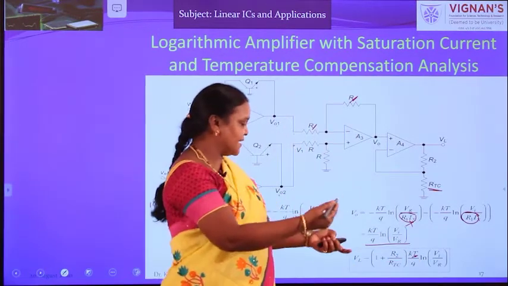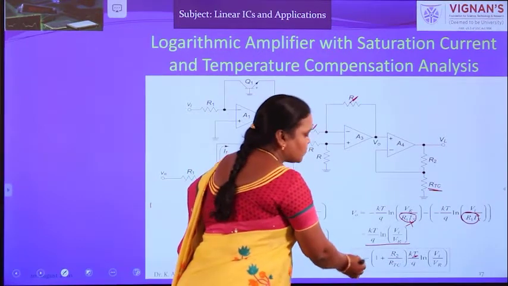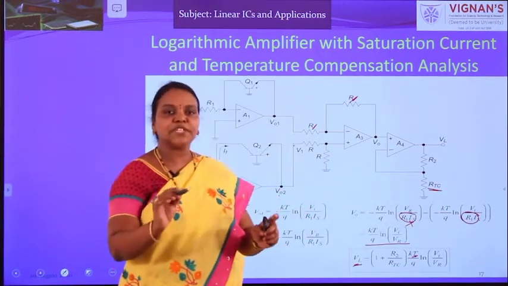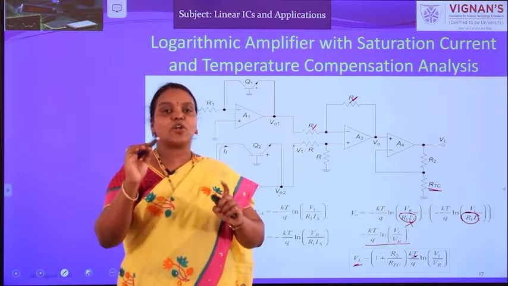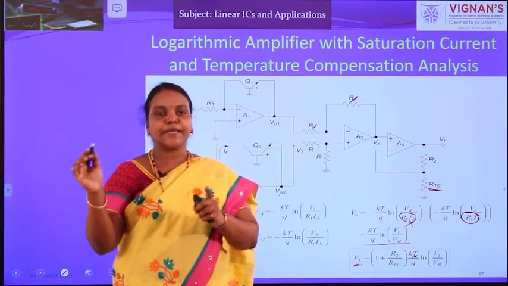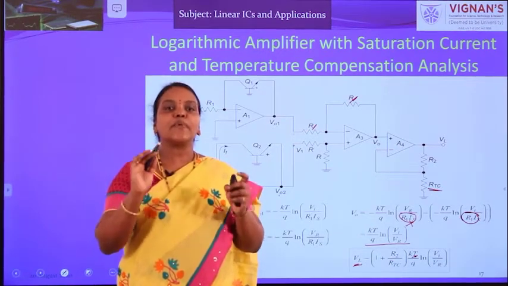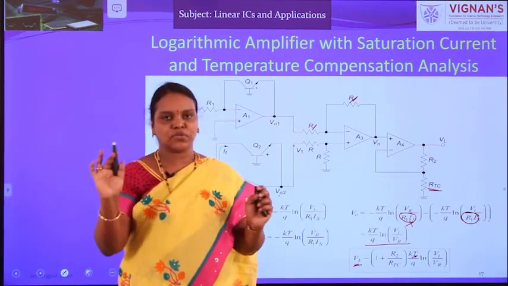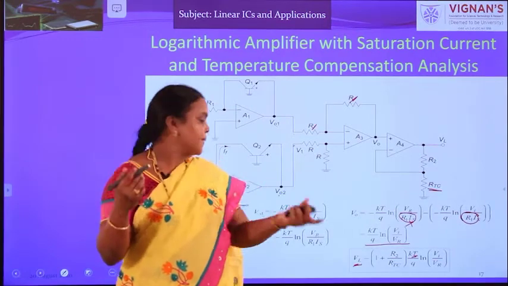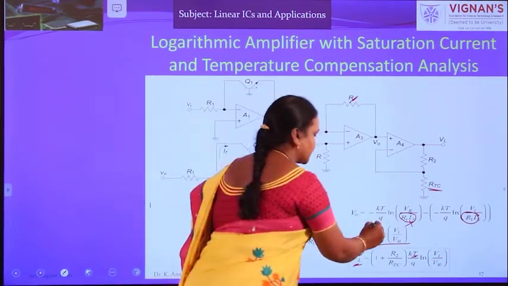So if temperature increases, your final output is increasing, but our objective is that the output should be the logarithm of the input into some constant, that becomes the gain. Okay, it should provide constant gain for all values. But here when temperature increases, the output is increasing.